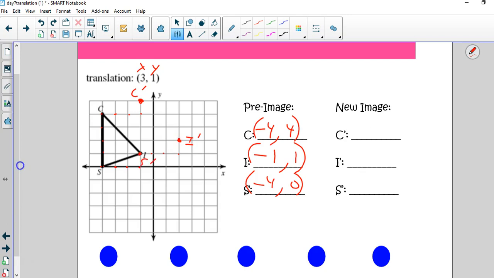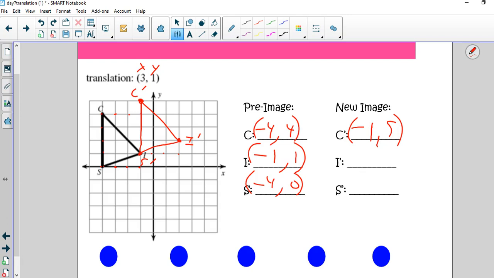1, 2, 3, up 1. That's S prime. So actually, one of our vertices is on the vertex of the former shape. So where's C prime? Well, now it's 3 over to the right, so it's only at -1, and it's moved up 1 from 4 to 5. -1, it was where I was.